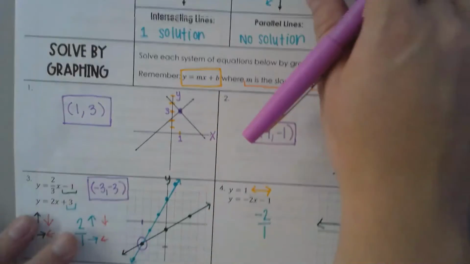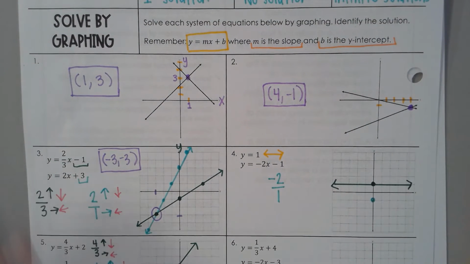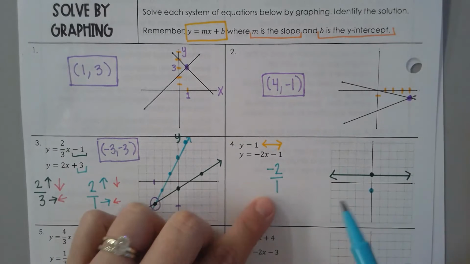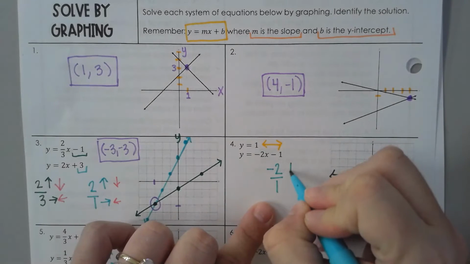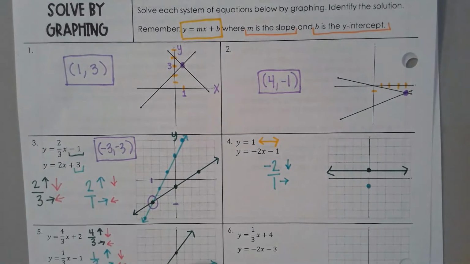So back to our number 4. I have a -2/1, which is down 2, right 1.